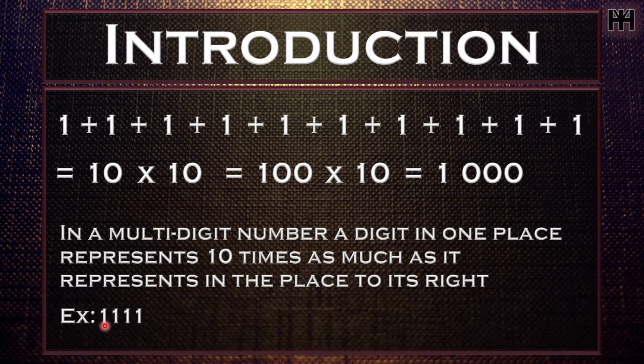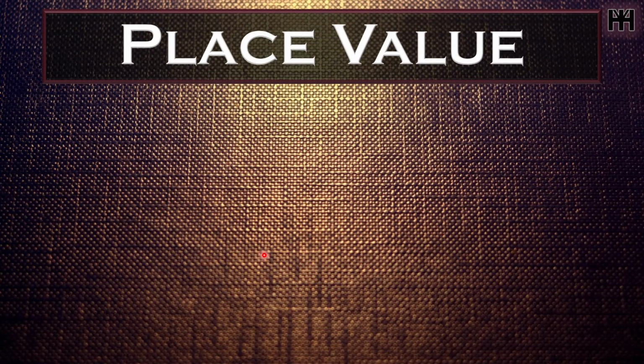If you have 1111, this one is 10, and it's 10 times more than this one, and this one is 100, and it's 10 times more than this 10, and this one is 1000, and it's 10 times more than this 100. Place value.